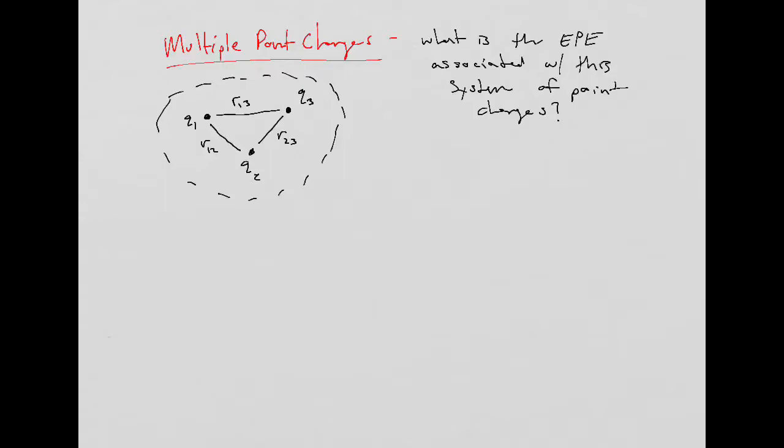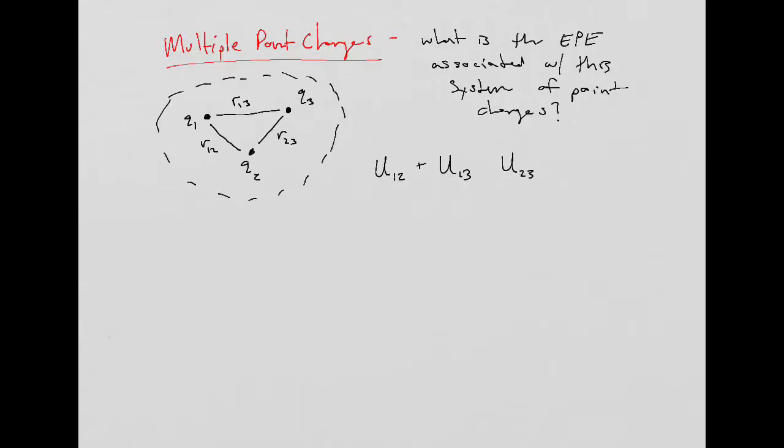You have to remember that the electric potential energy is a shared quantity among pairs of point charges. So you're going to have one potential energy shared between Q1 and Q2. You'll also have electric potential energy shared between Q1 and Q3. You'll also have a potential energy shared between Q2 and Q3.